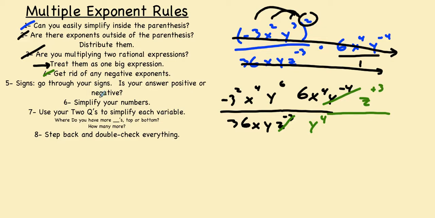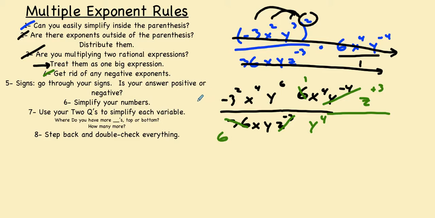So now rules 5, 6, and 7, my signs and numbers. Well, I have a 6 there. I can take a 6 out of there, and I can take a 6 out of my 36 for a 6. I have a 6 and a negative 3.